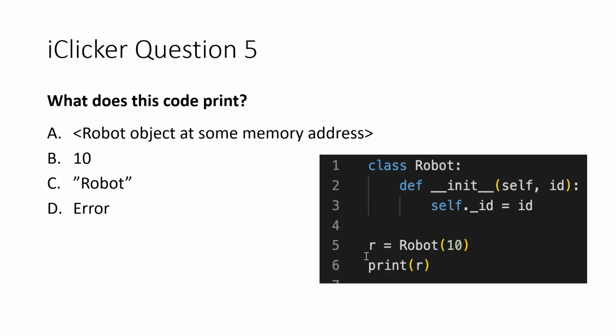Self is R, right? So self is R, ID would be 10. So you have to select what print R represents. Ten more seconds.